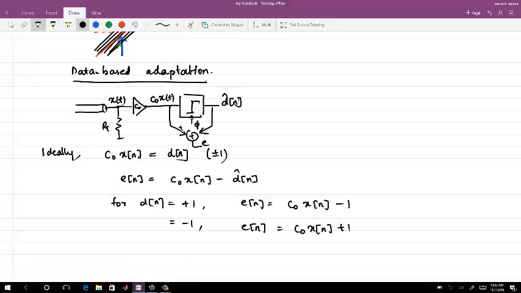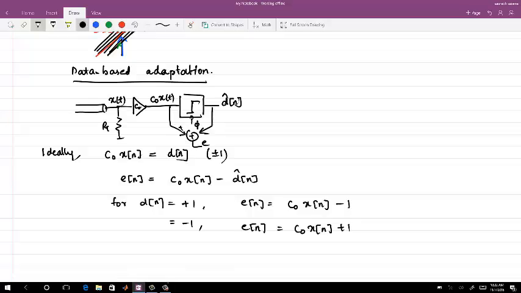Is it positive or negative? It's positive, right? So here C naught x is positive, so error is positive. Ideally, C naught should be equal to 1 by xn, if this error goes to 0. Whereas for the negative case, xn is negative, so the error amplitude is negative.